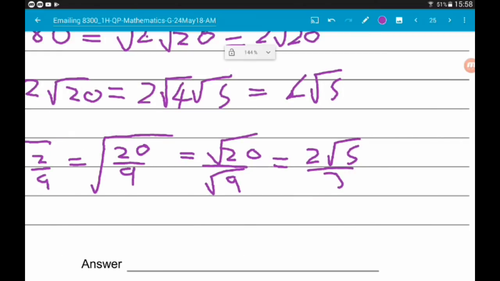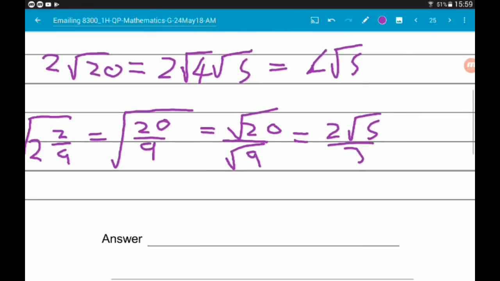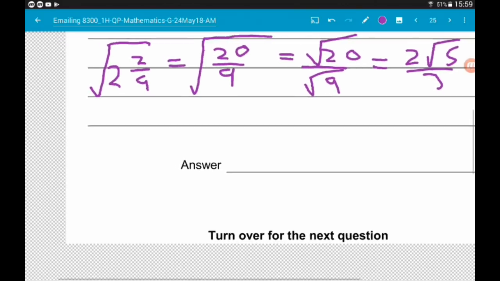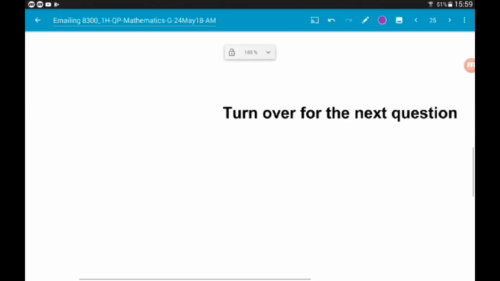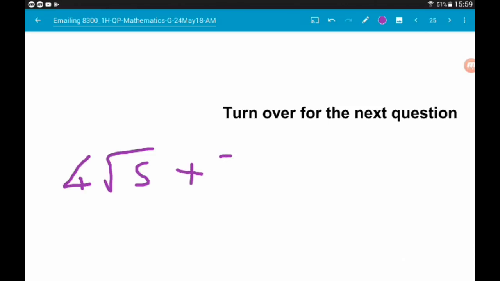So root 80 and root 2 and 2 ninths is now 4 root 5. Let's go down here where we've got more room. So we've now got 4 root 5 and 2 root 5 over 3.